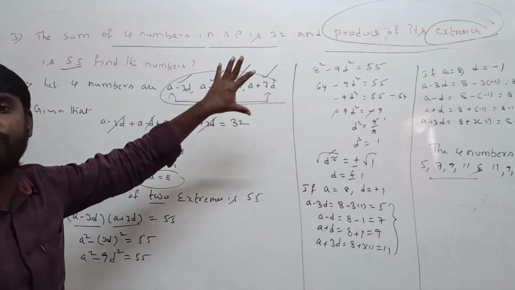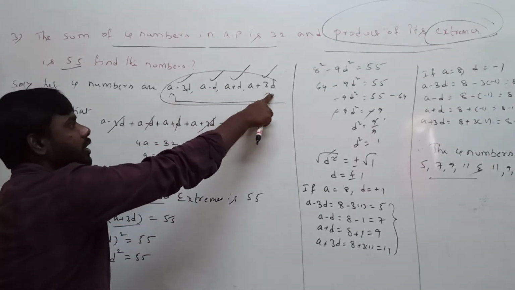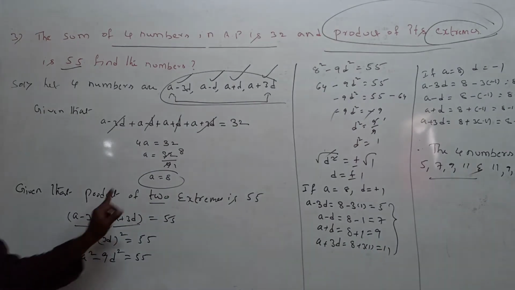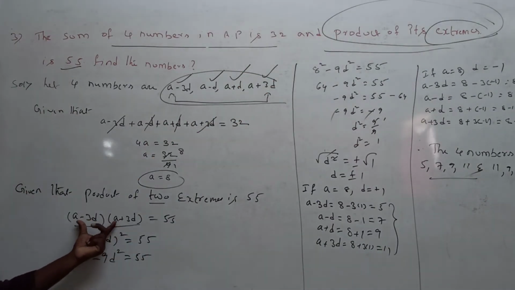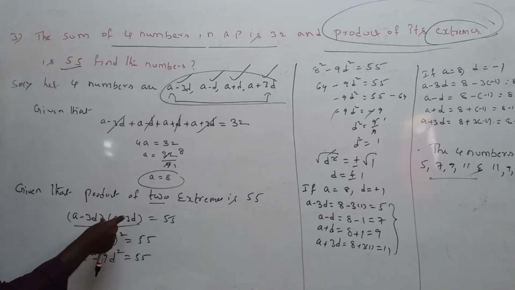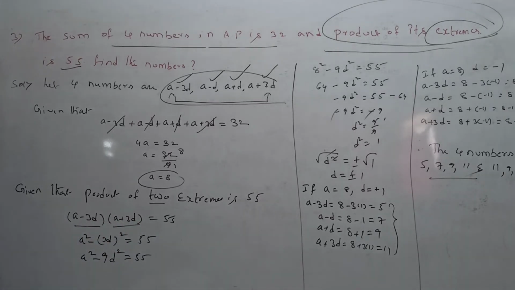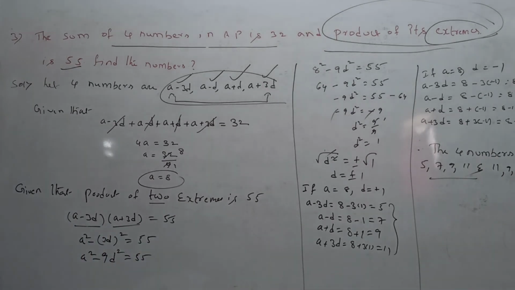First element is a minus 3d, last element is a plus 3d, and the product of the two extremes is equal to 55. Here applying the formula a minus b into a plus b is equal to a square minus b square. B replaced by 3d, that's why a square minus 3d whole square is equal to 55. A square minus 3 square, that is 9, into d square is equal to 55.